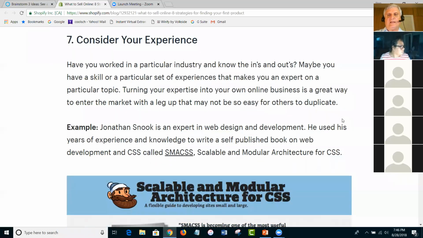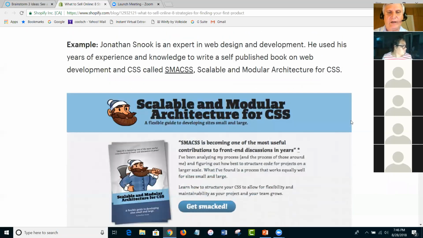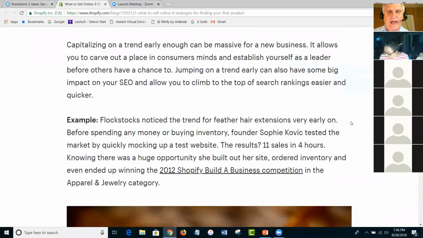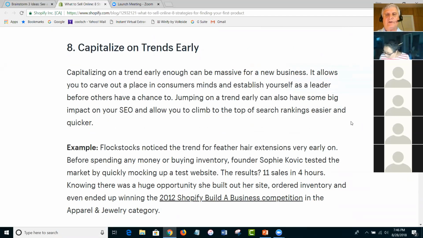And another one is based on your life experience. If you're super knowledgeable about something, that might be a kind of business that you want to have online. And then the last one is capitalize on trends early. So I gave the example of putting a hot tub in a self-driving car.